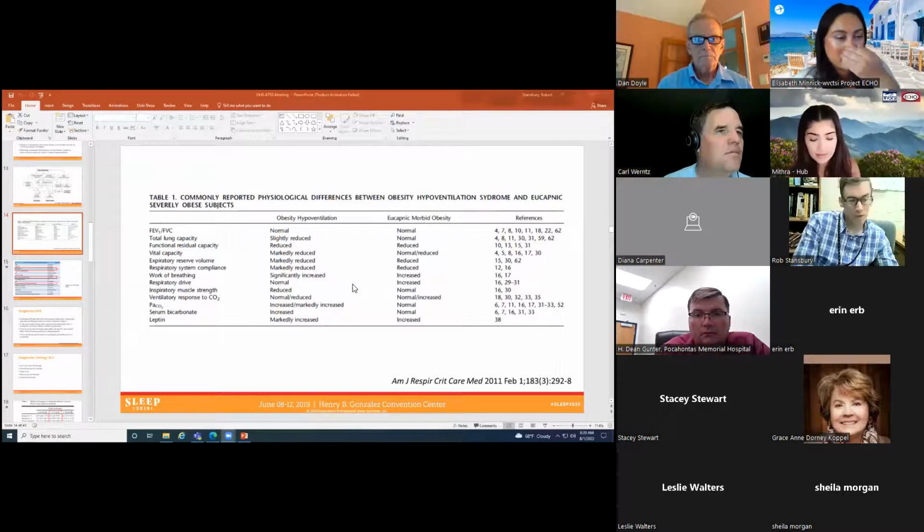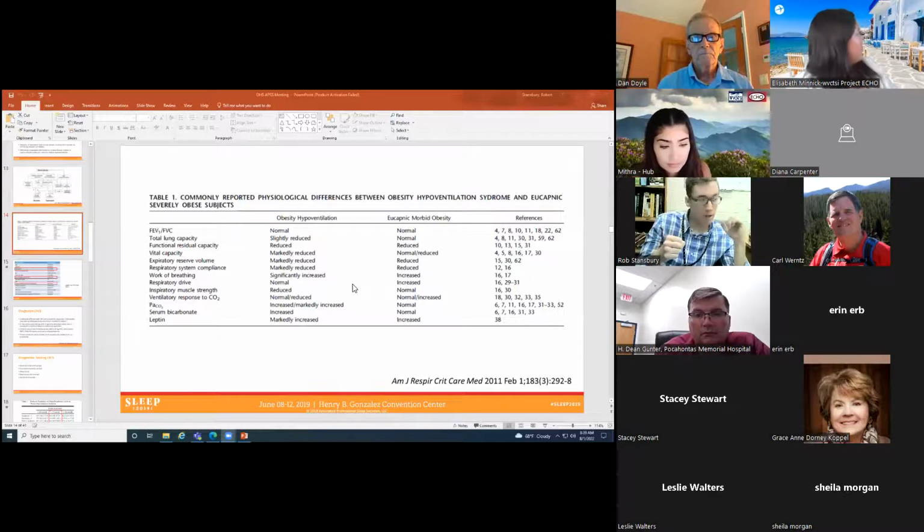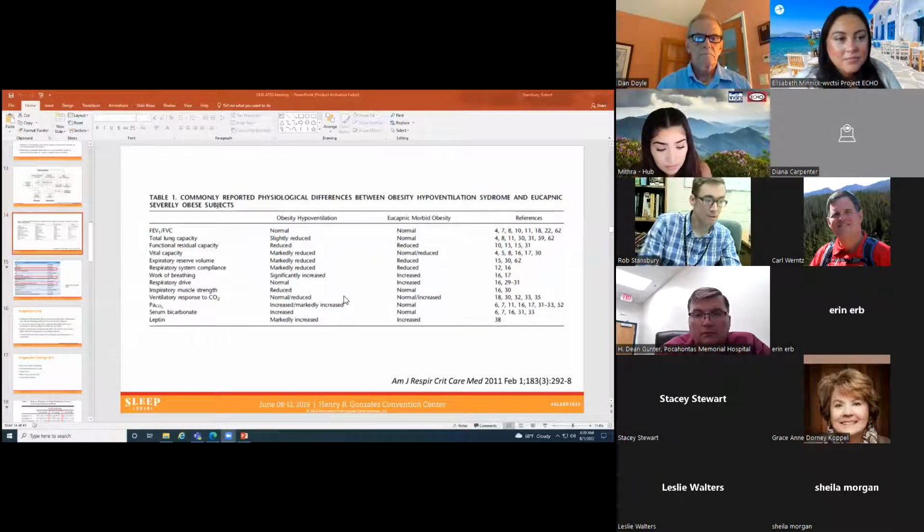But this was an interesting review they did probably 10 years ago, where they looked at eucapnic obesity versus folks who actually met obesity hypoventilation syndrome criteria. You can see the differences in pulmonary function tests there. The obesity hypoventilation folks tended to have markedly reduced values.